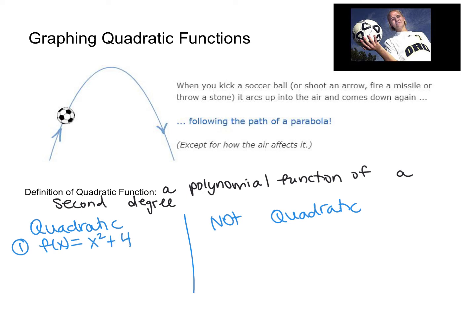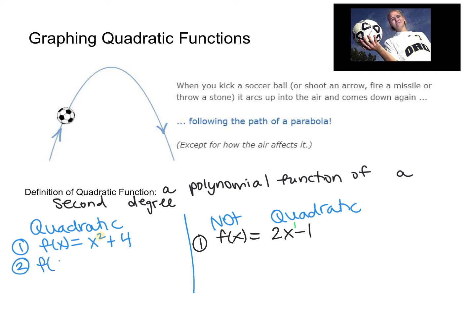The reason why that's considered a quadratic is because that degree is a 2. What would not be quadratic would be f of x is equal to 2x minus 1, because the degree on that is a 1, which would make it, of course, linear, right? Which we just learned.